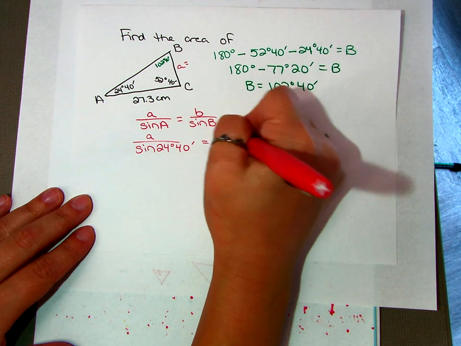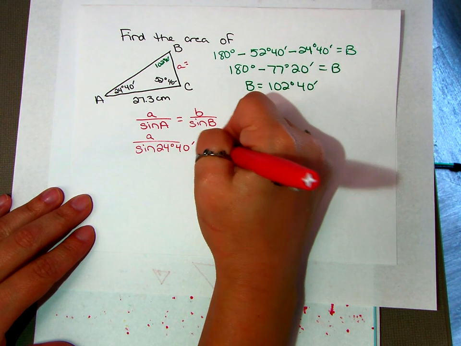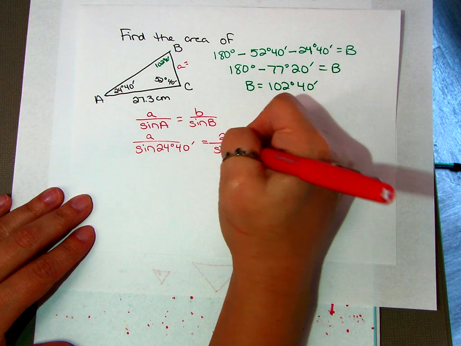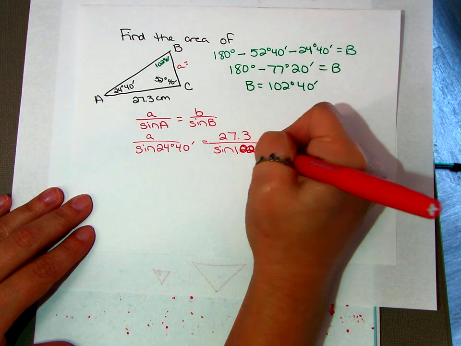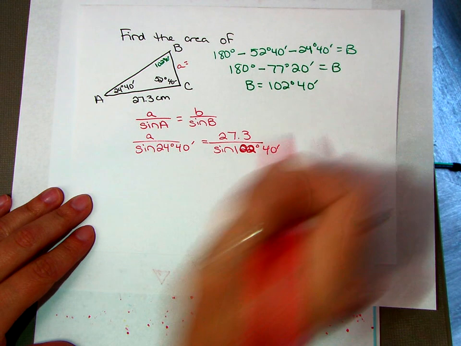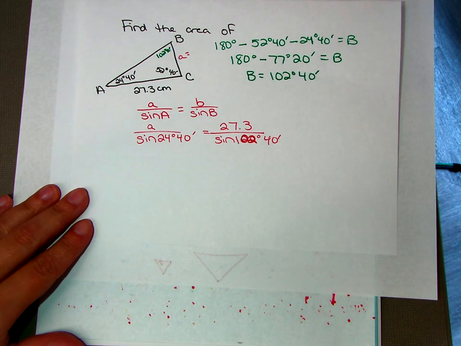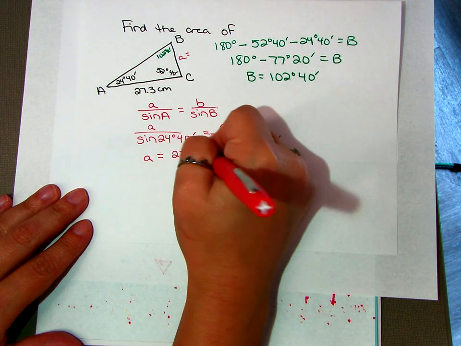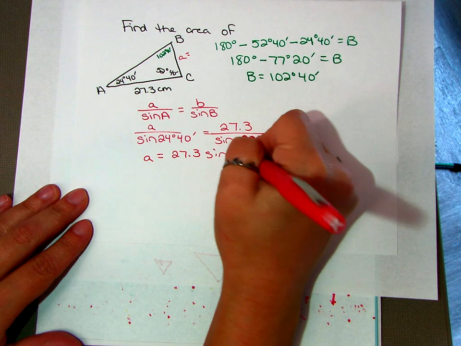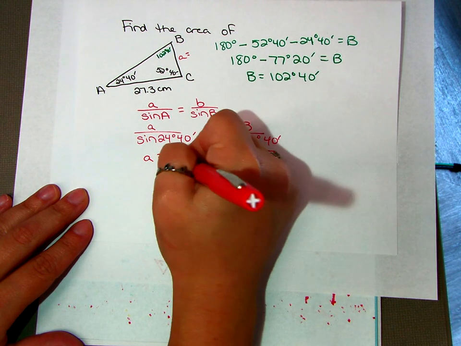And we just found that it is 102, not 120, 102 degrees 40 minutes. 27.3 sine. I went ahead and converted at this point.